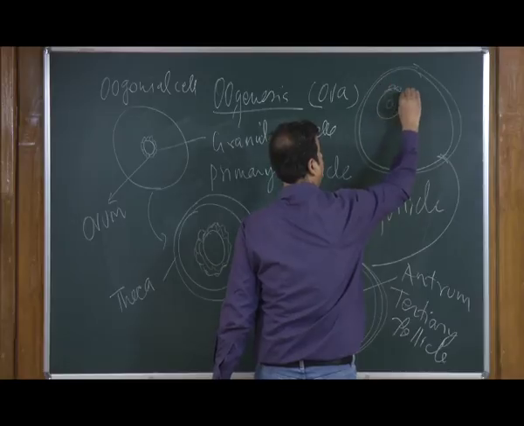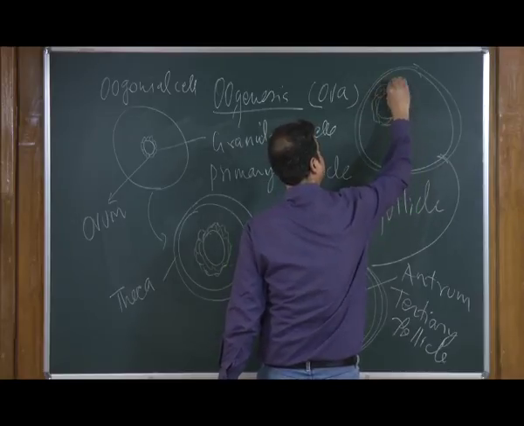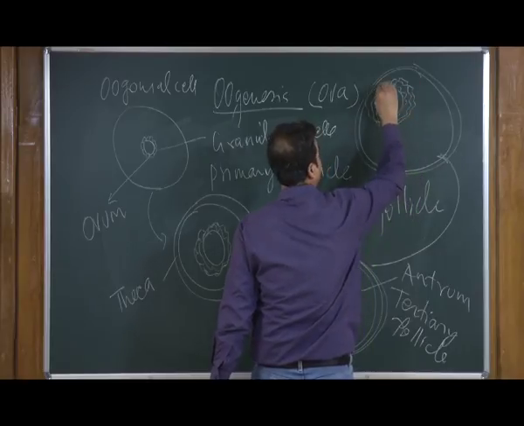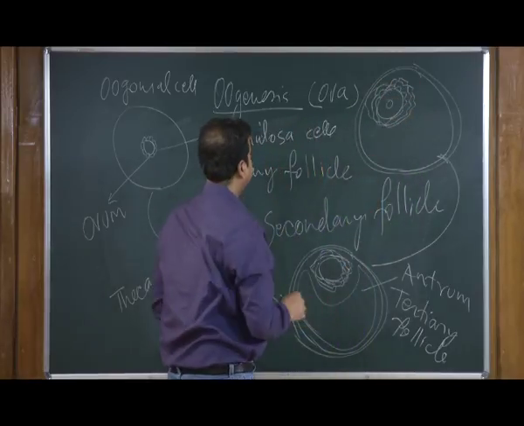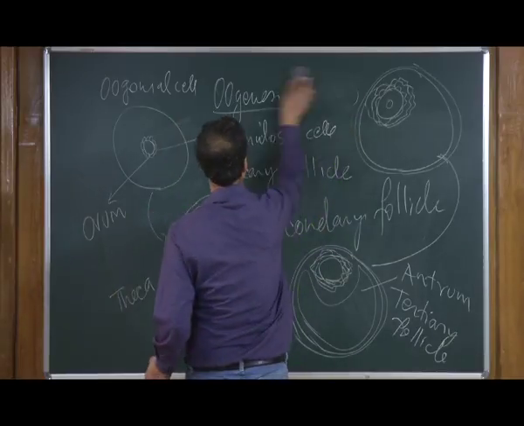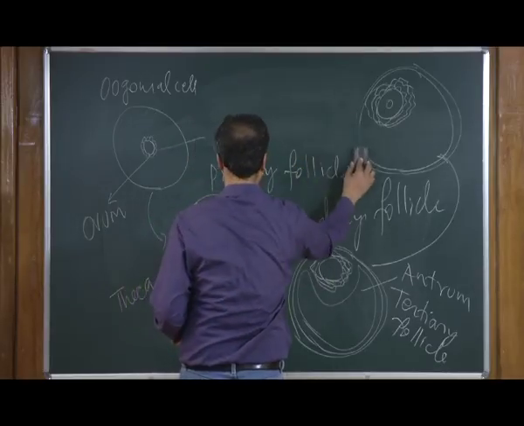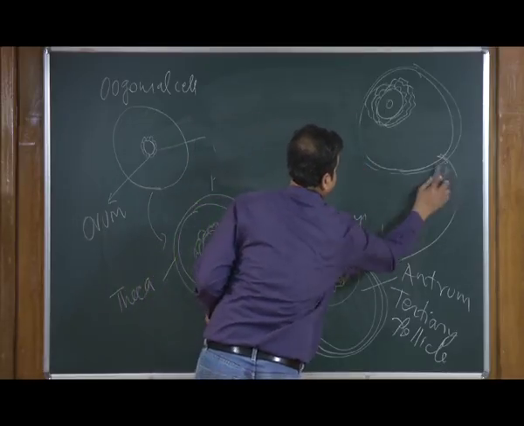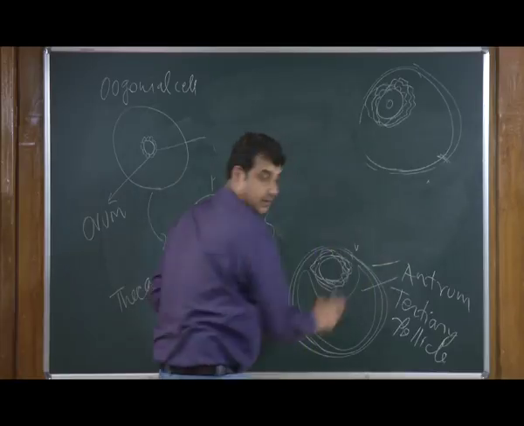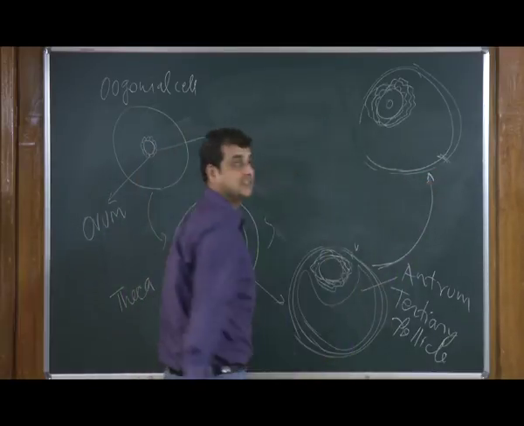That mature follicle has the ova that is mature, with the granulosa cells, and there will be another layer of cells which is called the zona pellucida. We will delete some part in order to create some space. What we are talking about here is the maturation of the tertiary follicle.